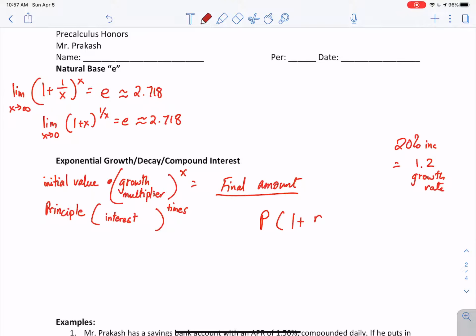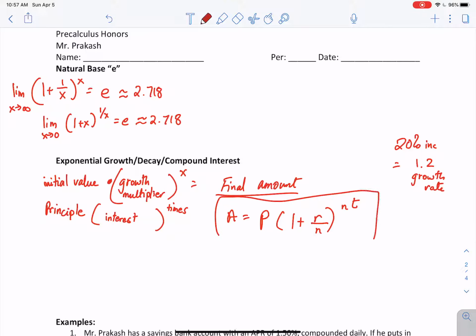Based on that, we take the interest rate and cut it by the fraction of how many times we're going to do it in a year. And then overall, we would have done it the number of times in a year times the number of years. So if in 1 year you did it monthly, you'd have 12 times 1, you'd have done it 12 times. So you get this formula for compound interest.